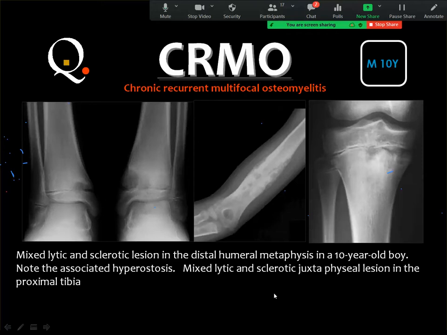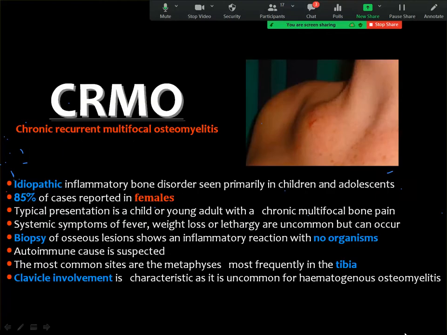Actually, this disease is frequently seen in clinical practice nowadays. So I would like you to know about this particular disease. This is an idiopathic inflammatory bone disorder seen in children and adolescents. It's more common in females, and if you get a biopsy from this lesion, you will not find any organism.